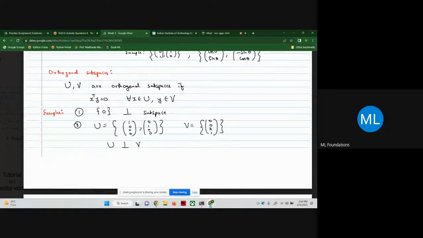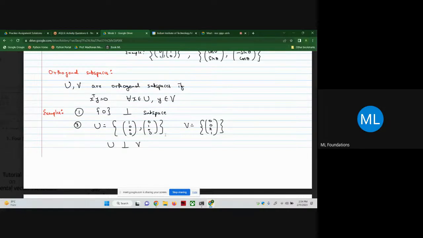Here, x transpose y equals 0, where the x vector belongs to u and the y vector belongs to v. So basically you take any vector x from u and any vector from v, and if you do the dot product of those two vectors, it's going to be 0. For example, here they have taken 1 0 0 0 and 0 1 0 0.